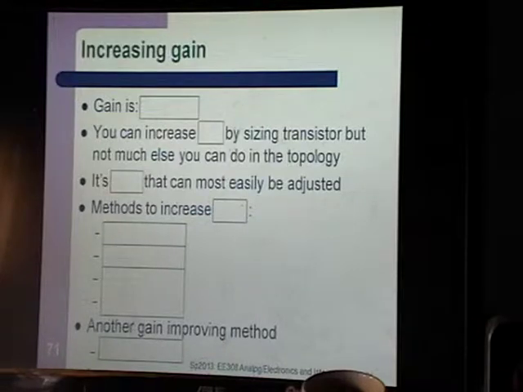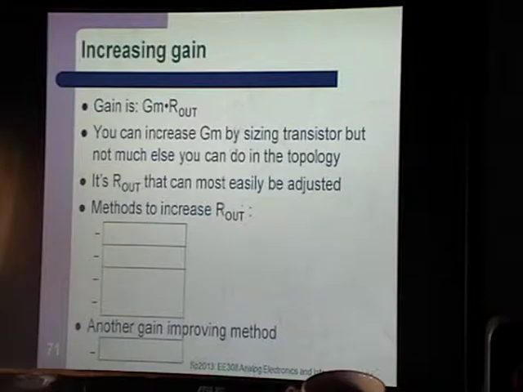Big GM is almost always the little GM of the transistor that the input goes into. The only time it isn't is when there's degeneration. So generally, if the emitter has an unmoving node, then the GM of your entire amplifier is just the little GM of that input transistor. But what you can change is the R out.